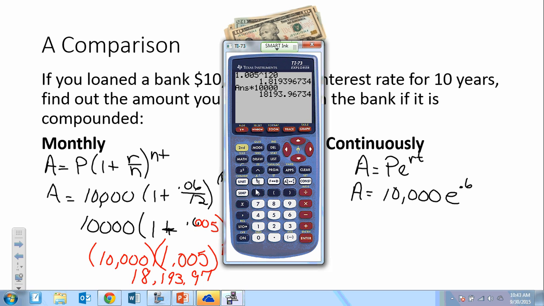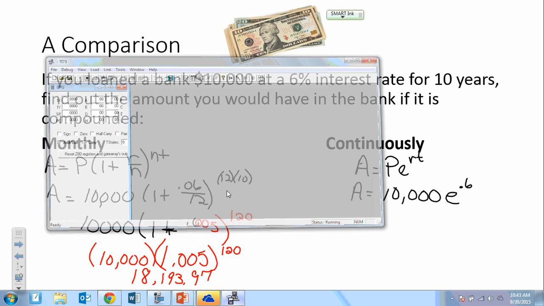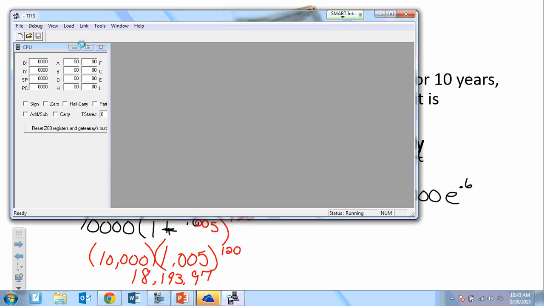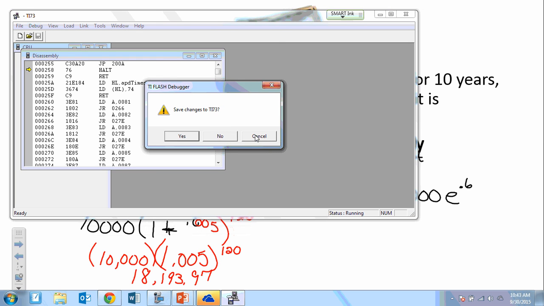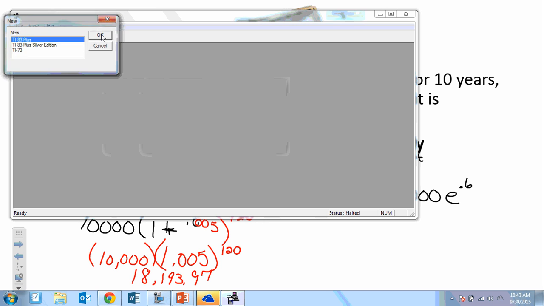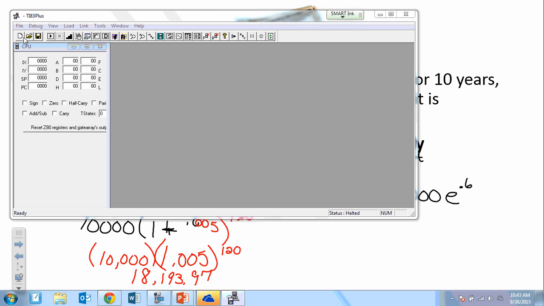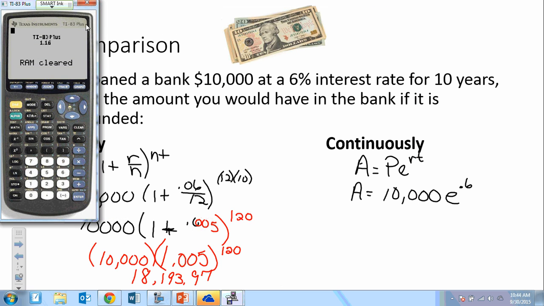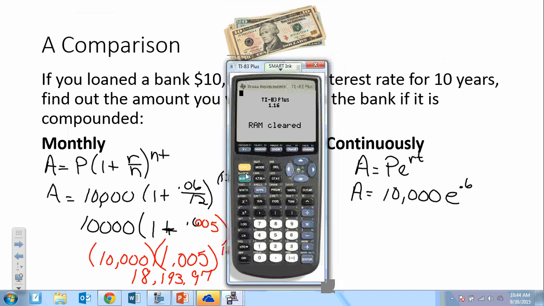It should be under ln on yours. Okay, so we're going to take e to the 0.6.